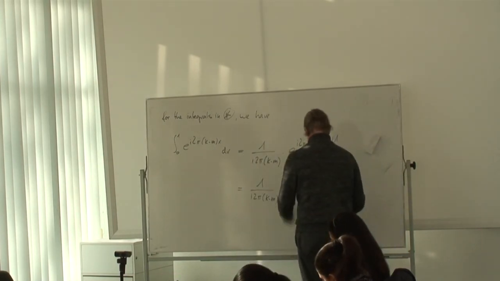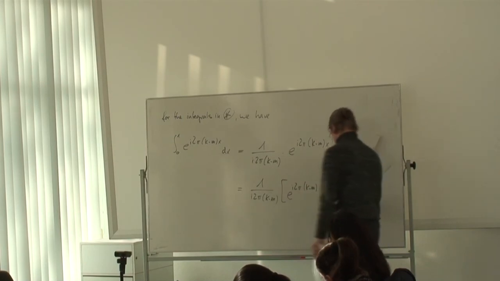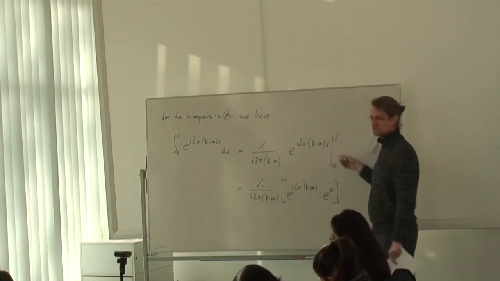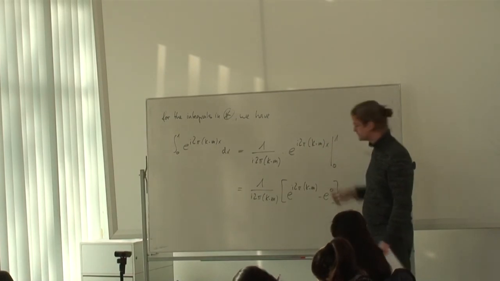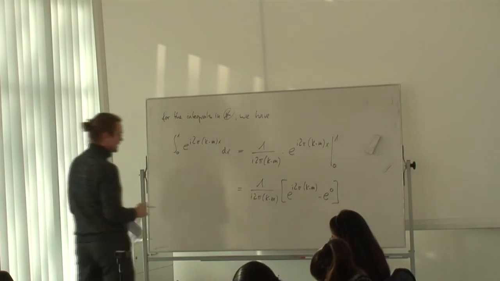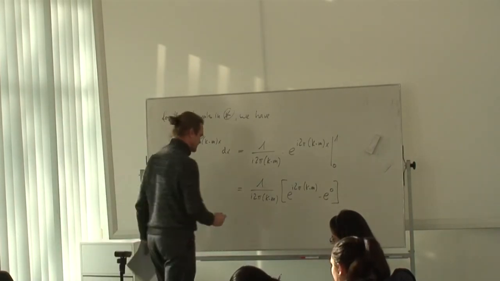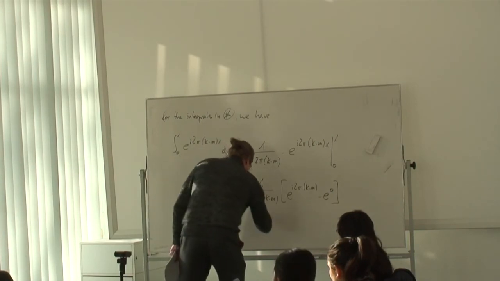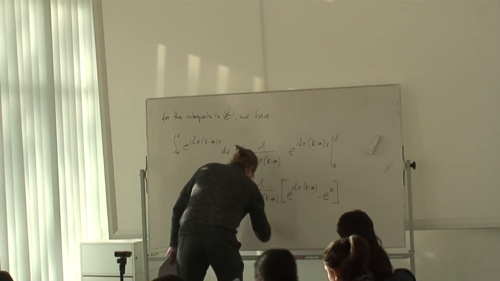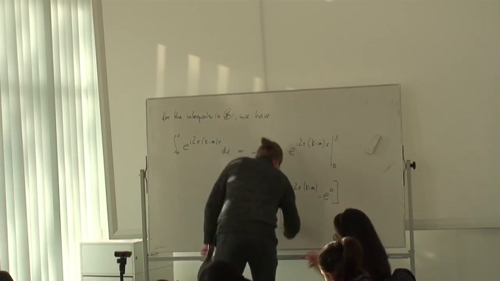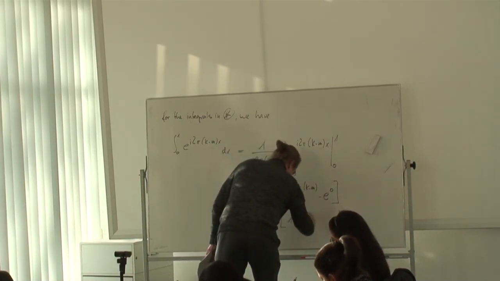And then we have to subtract all of this where x is 0, so it's basically e to the 0. Because if we multiply all of this with 0, it's just 0. And now, I claim, and there is another thing for you to verify at home, that this is the same as 1 over I 2 pi (k minus m) times (1 minus 1).